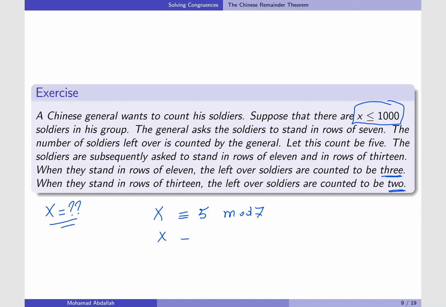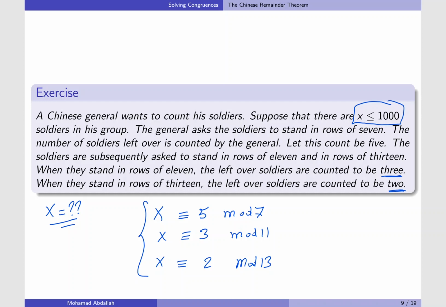So X is also congruent to 3 mod 11. And at the same time, when they were divided into rows of 13, so when we work modulo 13 now, it was 2. So this is a system of congruences.